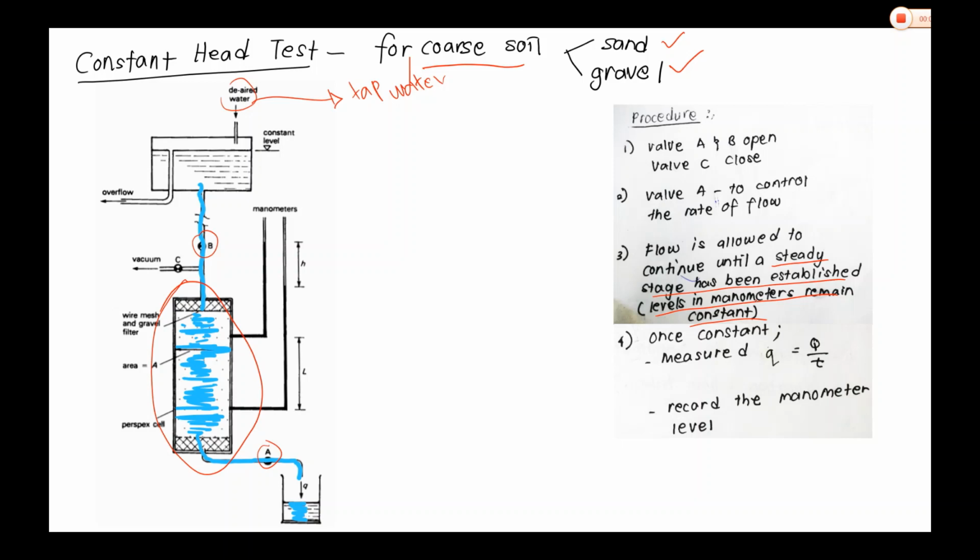Okay, so there are manometer, ada dua tube manometer dekat sini. Okay, once the level dia constant, maksudnya antara dua level ni dia dah tak bergerak lagi, remain stable kat situ, and then baru kita recordkan the H difference in manometer level dia. Okay, manometer yang pertama ni berapa, manometer kedua berapa, untuk dapatkan dia punya H difference.